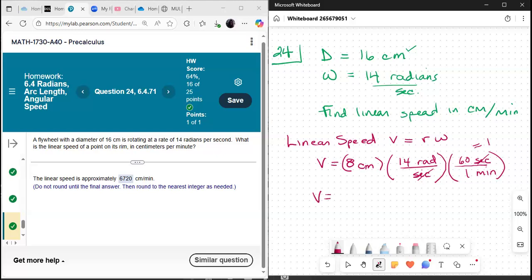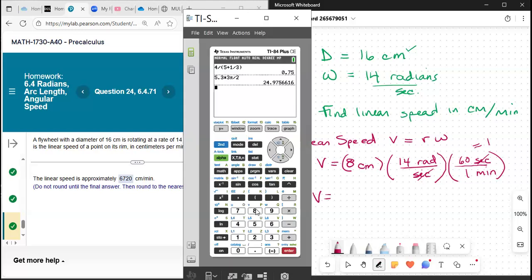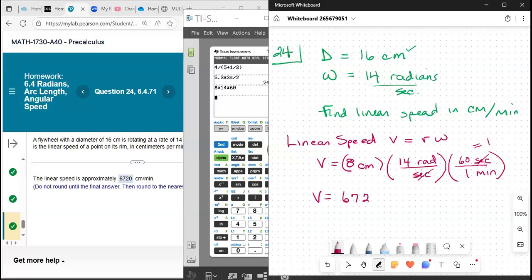So v is equal to 8 times 14 times 60, and we get 6,720 centimeters per minute. So that's the linear speed.